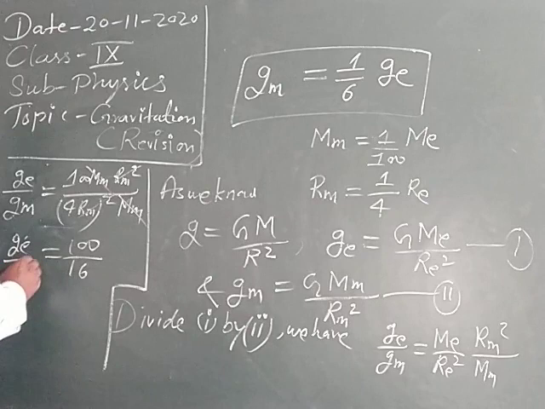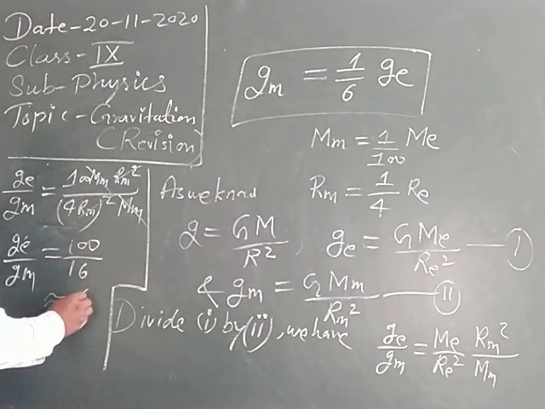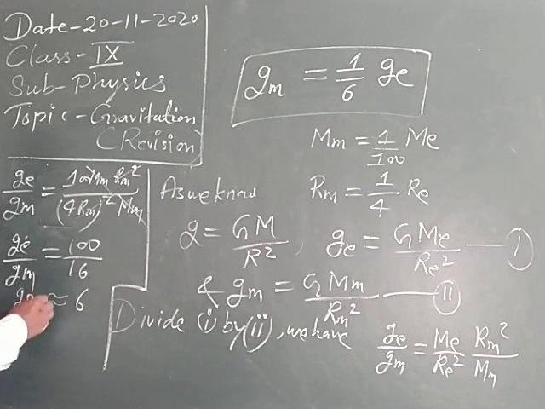Ge upon Gm. Then this is about 6. Ge upon Gm is equal to about 6.